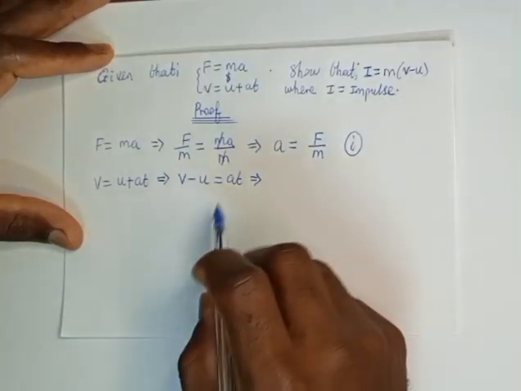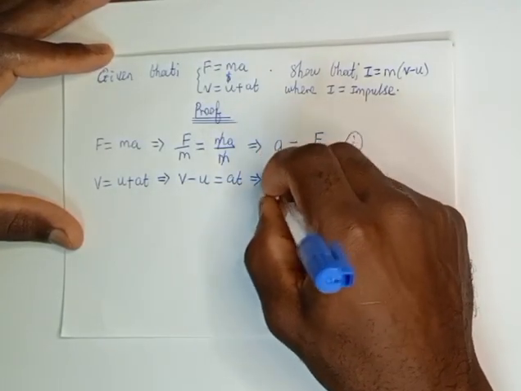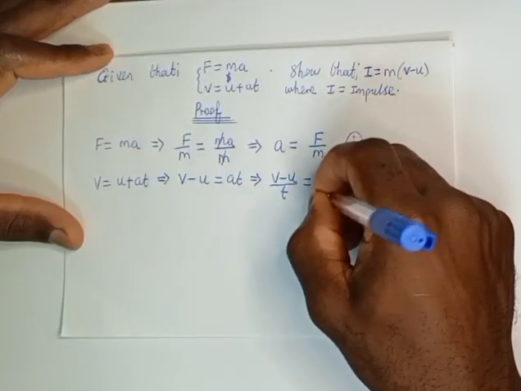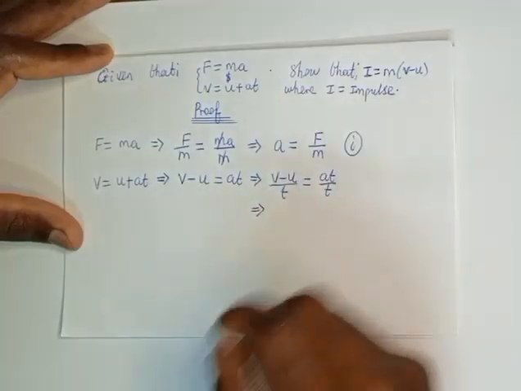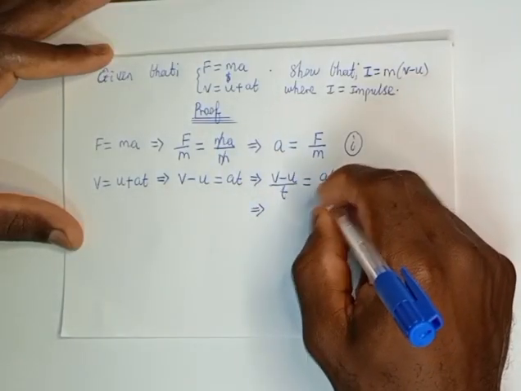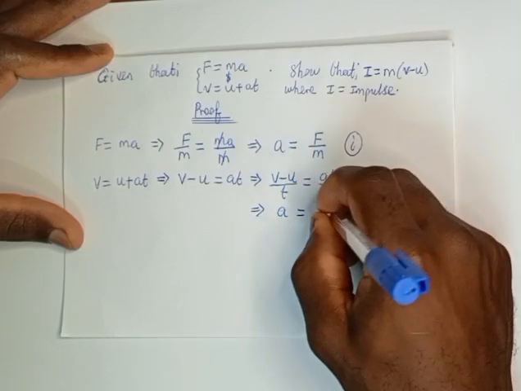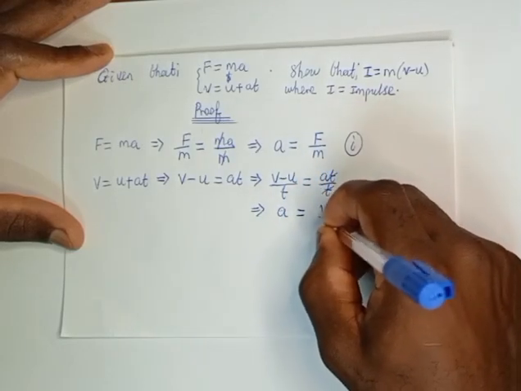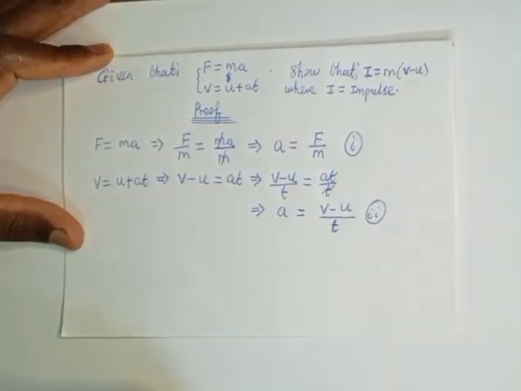Then, dividing both sides by T, V minus U divided by T is equal to AT divided by T. At the right hand side, T will strike off T. A will simply be equal to V minus U on T. We call this equation 2.